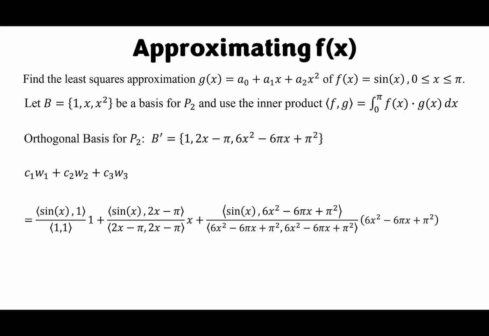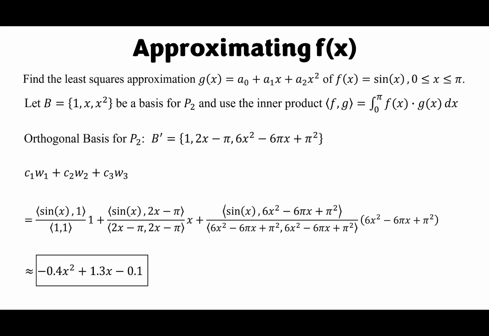So each inner product here, you just want to use a calculator and type in the integrals and figure out what those integrals come out to be as a number. And so that's what I did. I computed all those integrals using a calculator. And in the end, when you add that all up, you get negative 0.4x squared plus 1.3x minus 0.1.